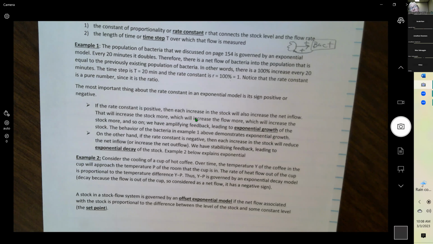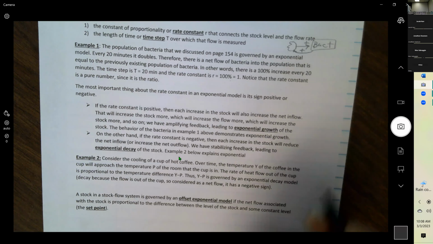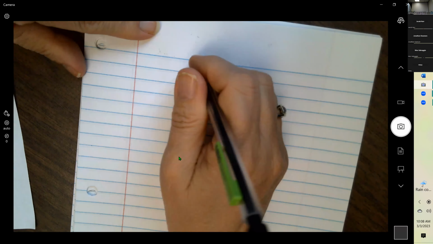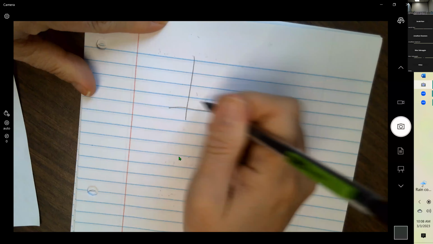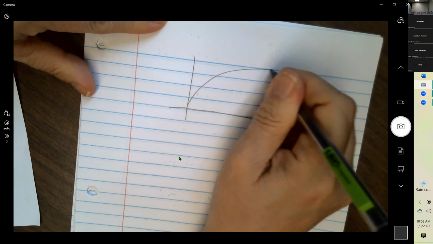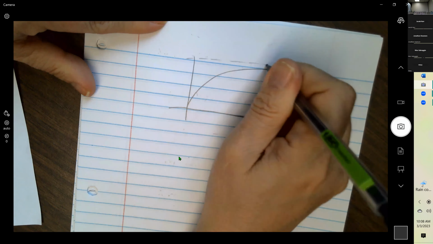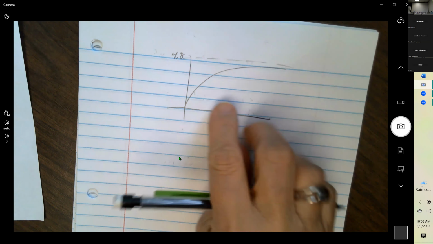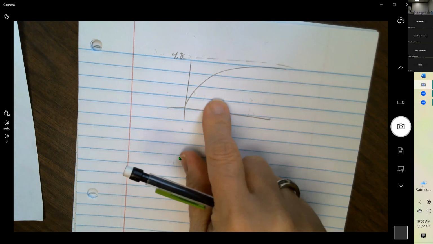Now, also, if you remember the bathtub where so much was going in and so much was going out, and so we drew the one picture. And it was approaching the 4.8. They call this decay.